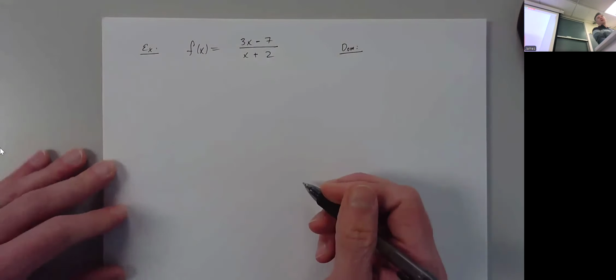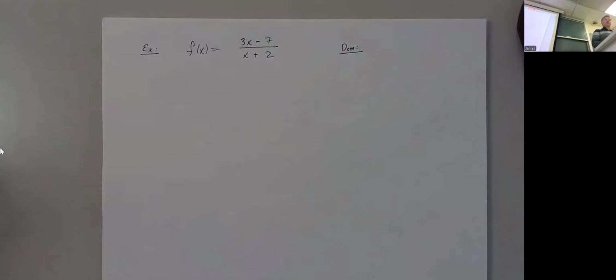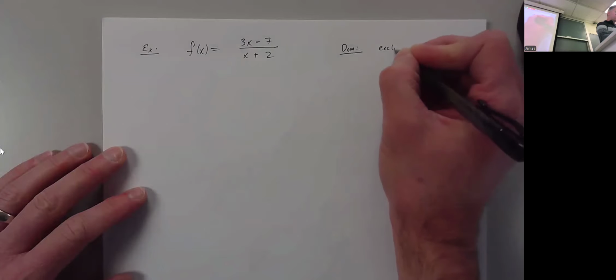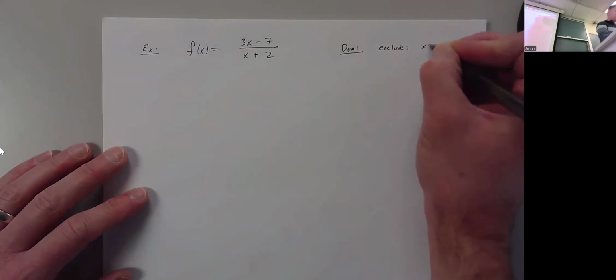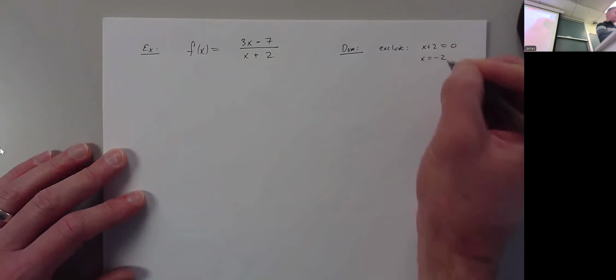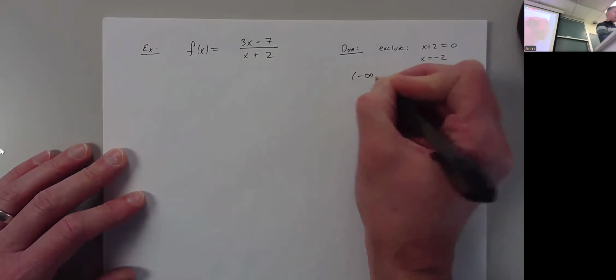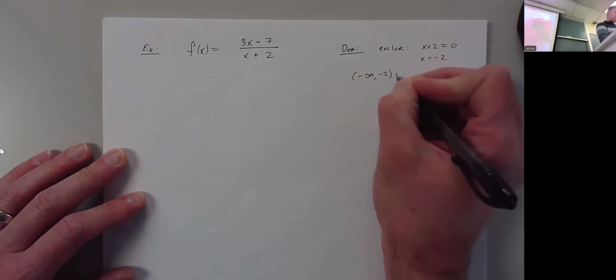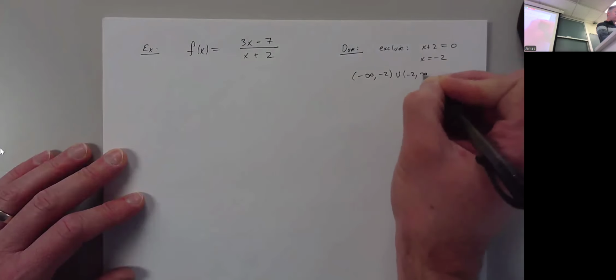If I was doing this the standard way, I would say, well, I don't have any roots, I don't have any logarithms, but I do have a quotient. I need to make sure I'm not dividing by 0. So I want to exclude where the denominator is equal to 0, where x is equal to -2. So my domain here would be everything from negative infinity to -2, union -2 to infinity.